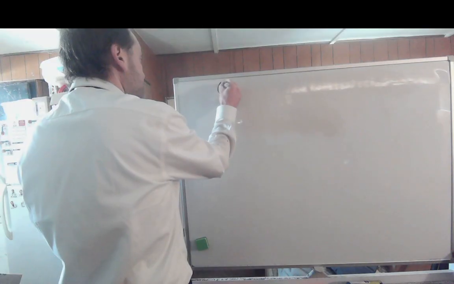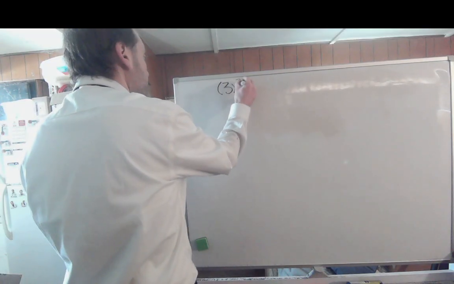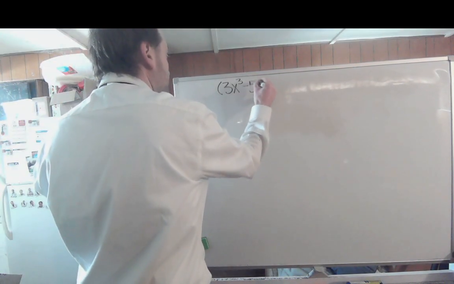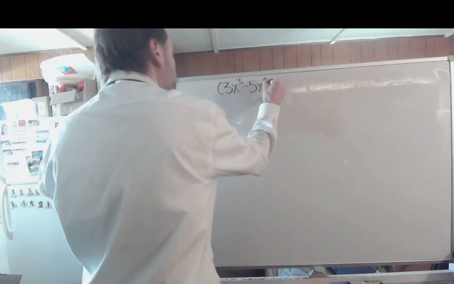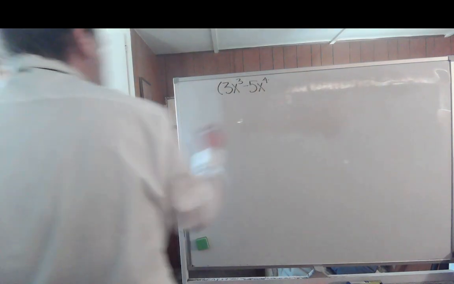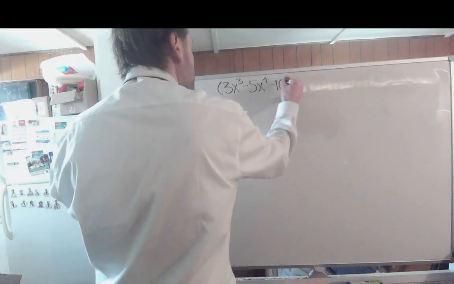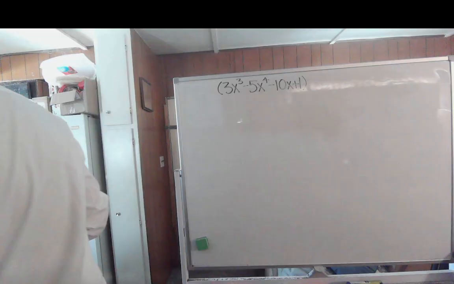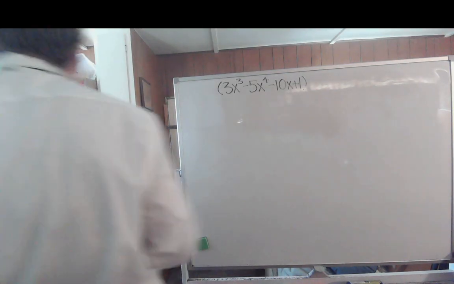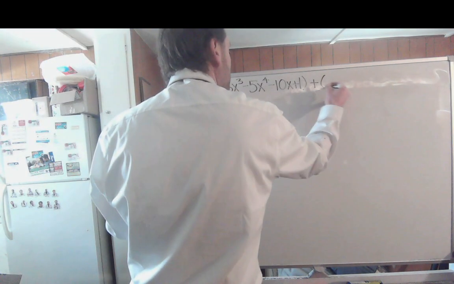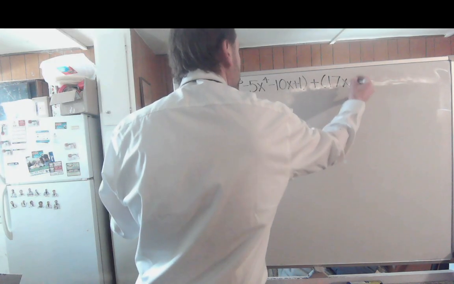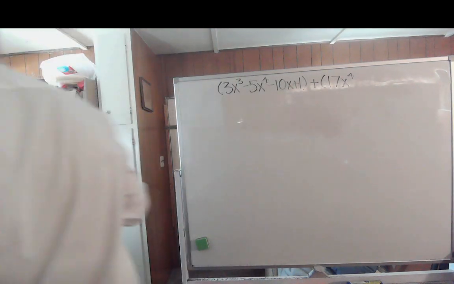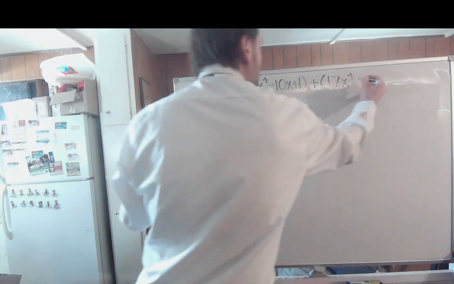All right, let's see. 3x to the third minus 5x to the fourth minus 10x plus 1. That whole quantity plus the quantity of 17x to the fourth minus x to the third.